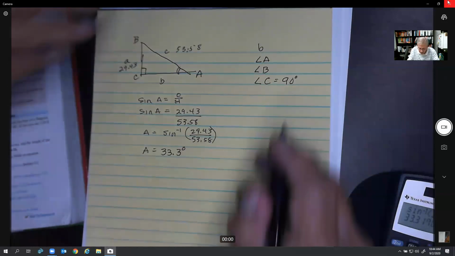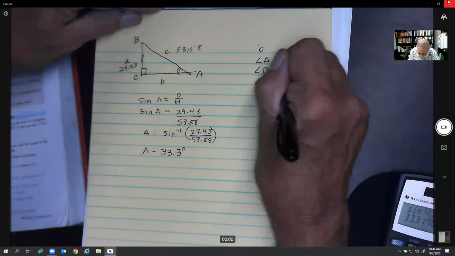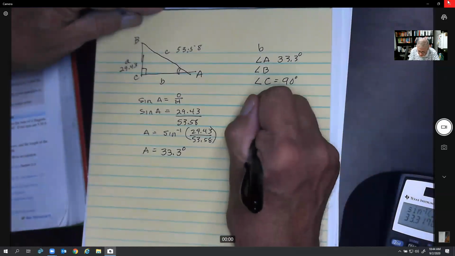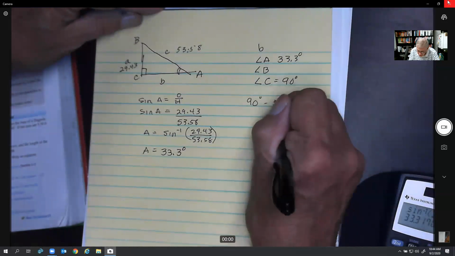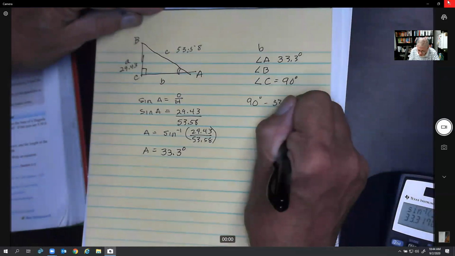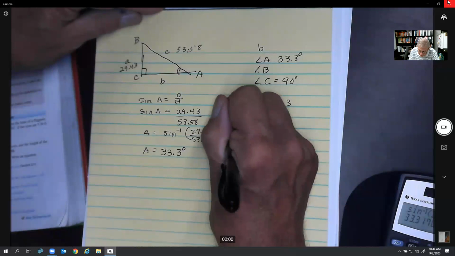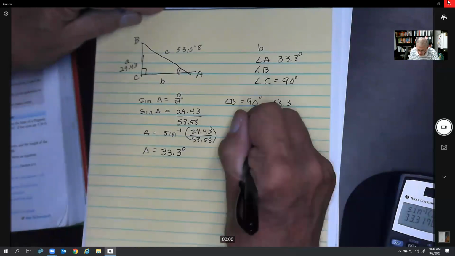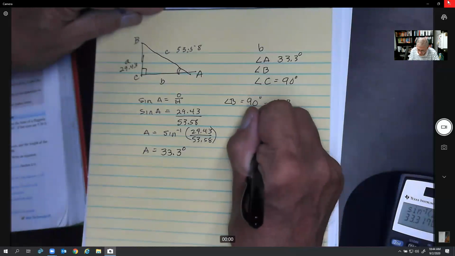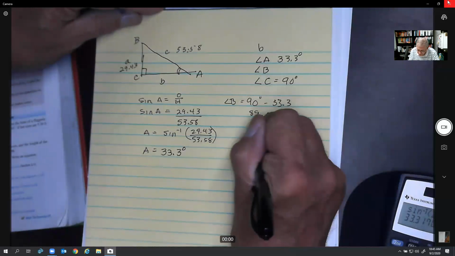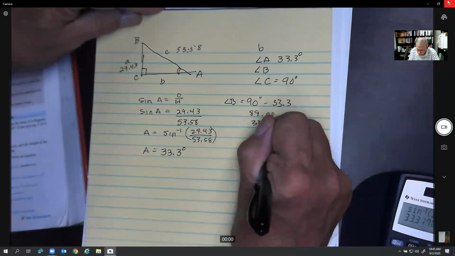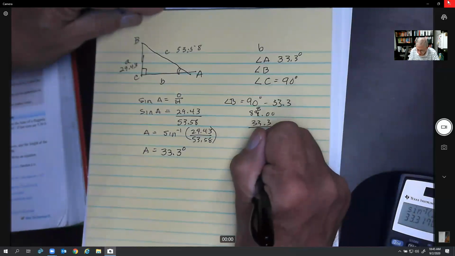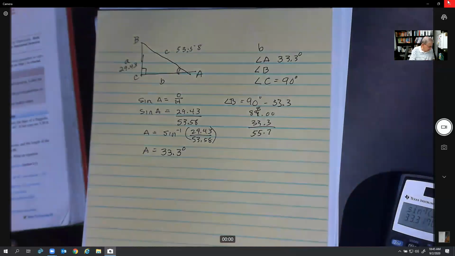Okay, so we got angle A. We want to find angle B. Well, obviously 90 degrees take away 33.3 would give me B. So that would be 89.10, 3 from 10 is 7, 3 from 8 is 5, 55.7 degrees.